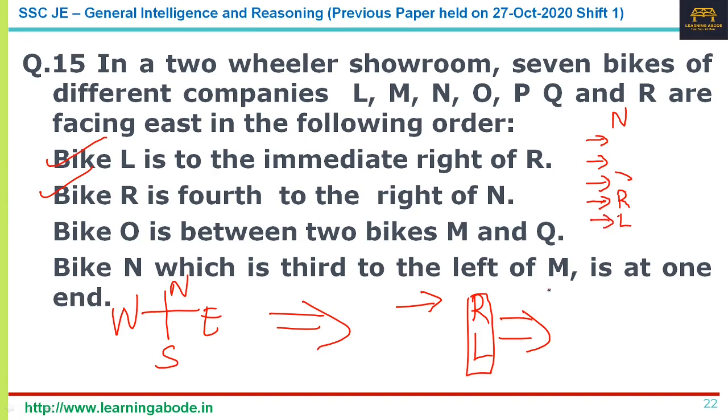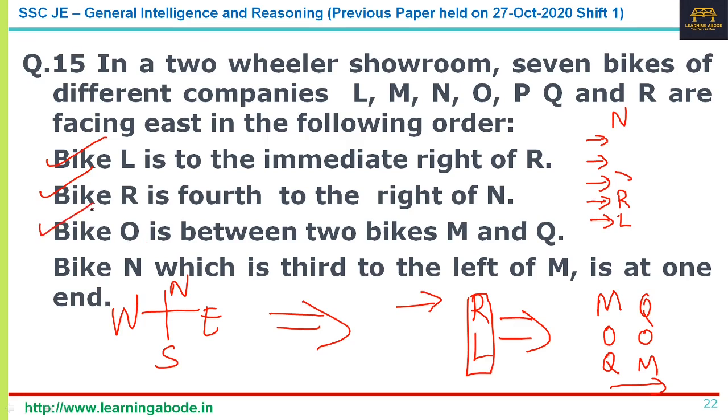Now what is the third statement? The third statement says O is between the bikes M and Q. So it can be M O Q or Q O M, and they're also facing east. I've considered the third statement also, though I have not put it together.